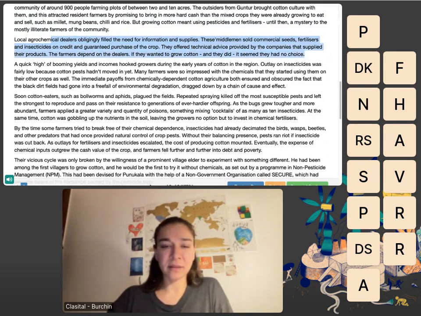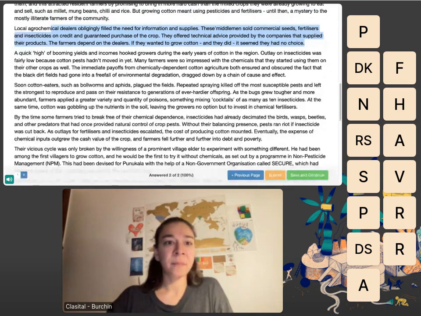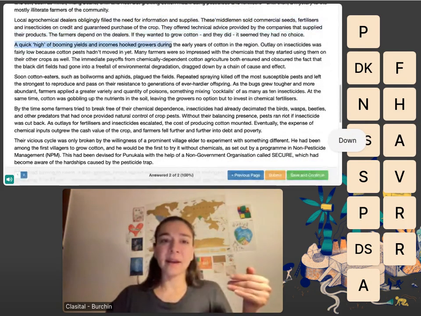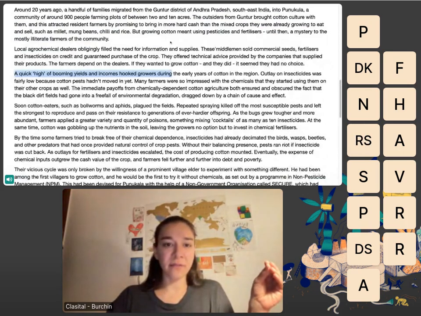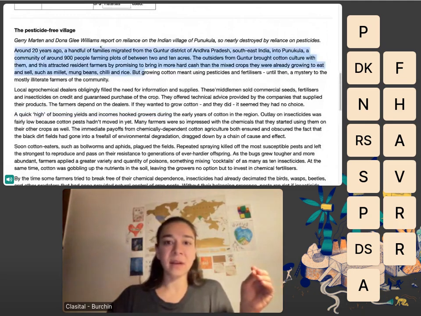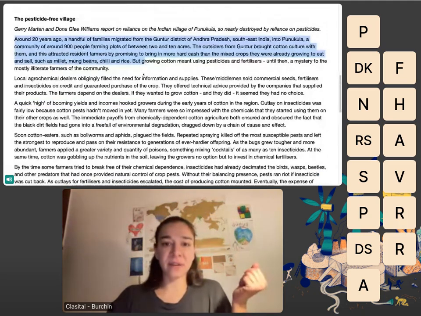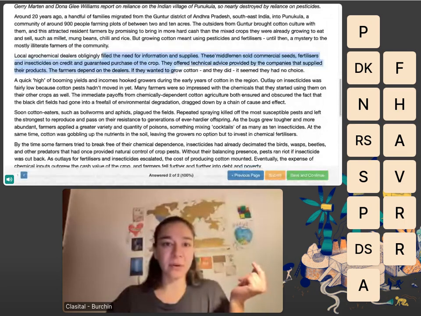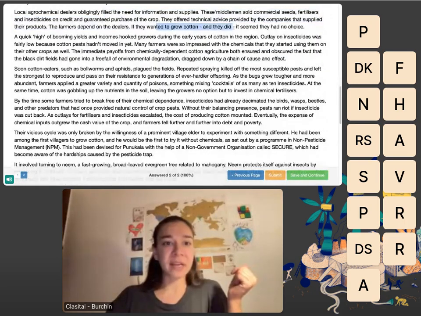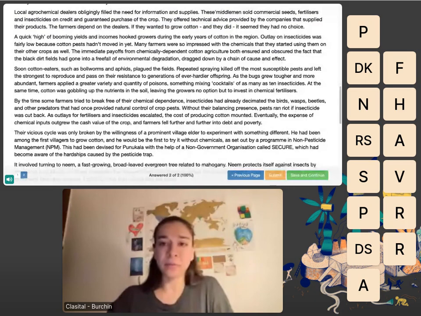They are using some pesticides. There's a high booming. This is a storyline. Like they are growing some things. They are farming some things. Farmers, they are encountering a problem and they are solving it with pesticides and a quick high of booming. So they have more product now.